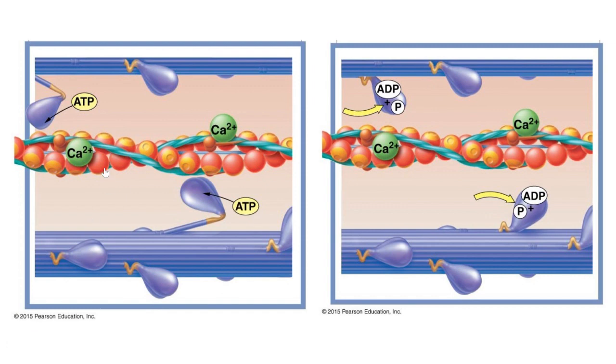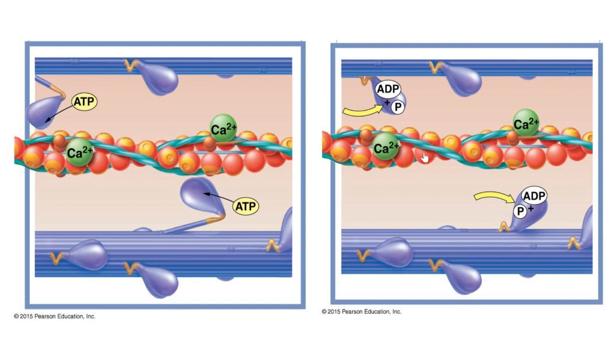So in this first image, we see that the myosin has used the energy provided by the initial ATP that provided the power stroke and is ready for another ATP. Once that ATP attaches, the myosin head disconnects from the actin filament. So that cross bridge is no longer formed or no longer active.